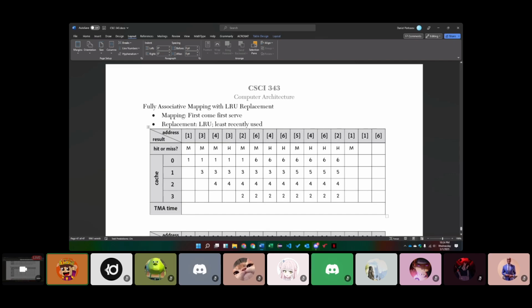Again, trace back till we found 6, 5, 4, and 2. Found 2, found 6, found 4, and found 5. That's it, I stop. Whichever one is the leftmost is the one that gets replaced. 5 is the leftmost, so 5 gets replaced. 1's a hit. And 6 a hit.